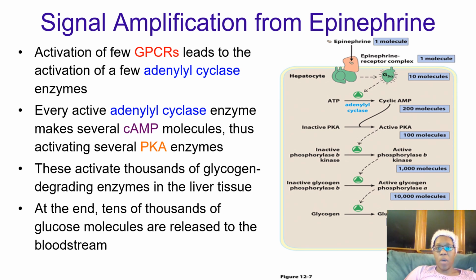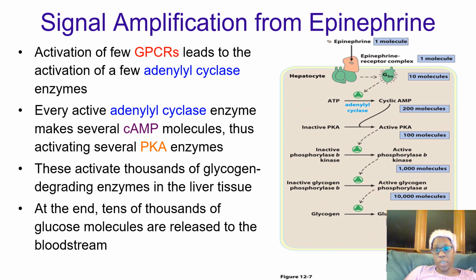They can go along and activate 10 adenylyl cyclases. Each adenylyl cyclase can take 10, 20 ATP molecules and turn them into cAMP molecules. So now you've created 200 cAMP molecules from just one epinephrine.